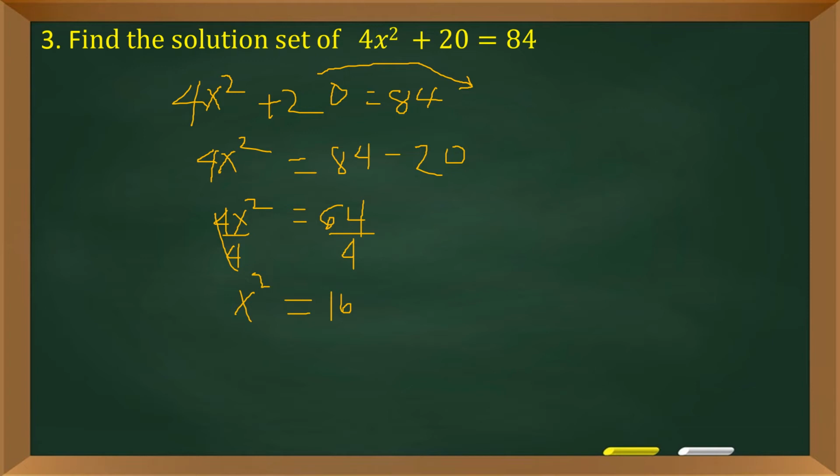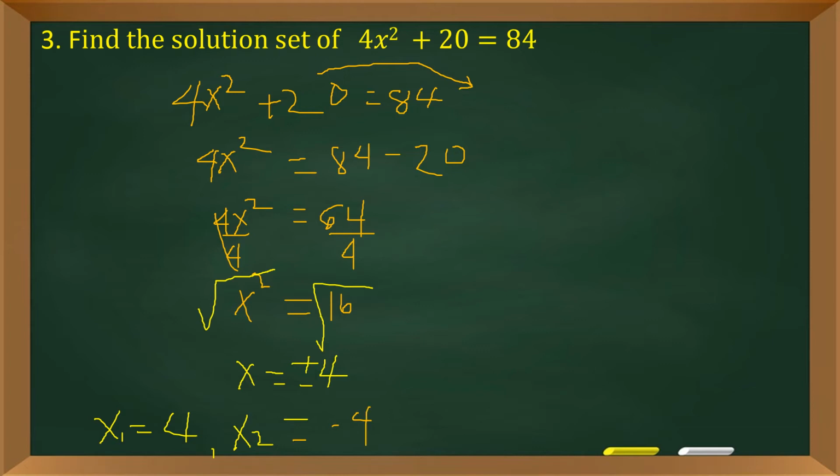And we are now free to extract the square root of both sides. So, extract mo yung square root ng x squared and square root ng 16. So, that's x is equal to positive and negative 4. So, we can now say that x of 1 is equal to 4 and x of 2 is equal to negative 4.